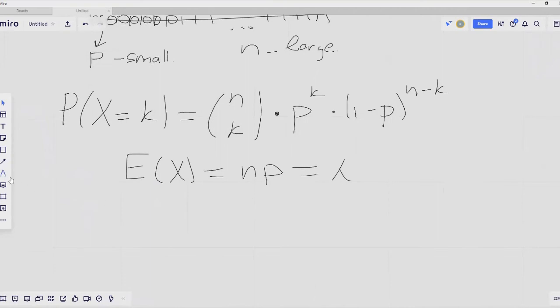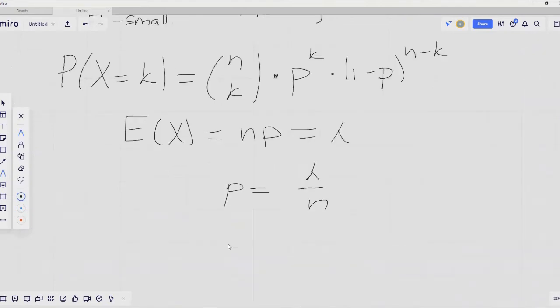So from here, we can derive p, the probability of an accident in each subinterval, which is lambda over n. Now, let's keep working.